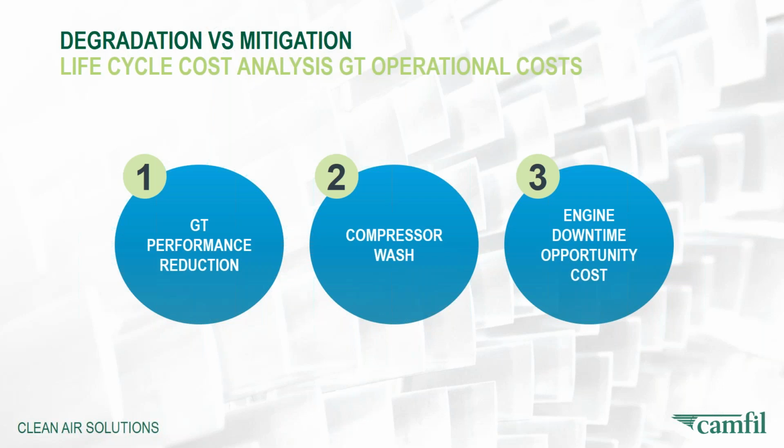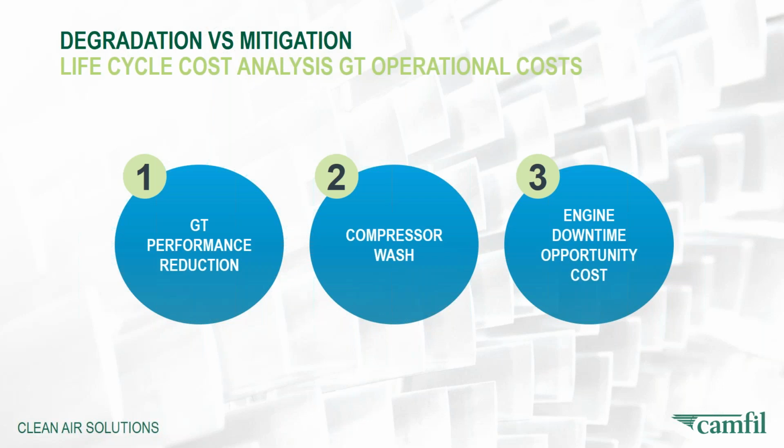And operational costs are a little more in detail, and you define the operational cost by looking at GT performance reduction. If you have a high pressure drop, if you have a high fouling incident, it's going to reduce your performance of your GT, and there's a value to that.